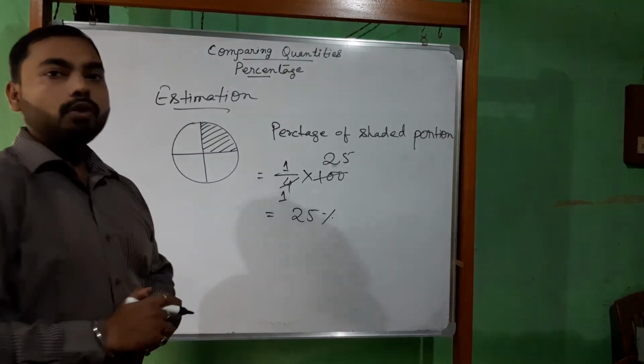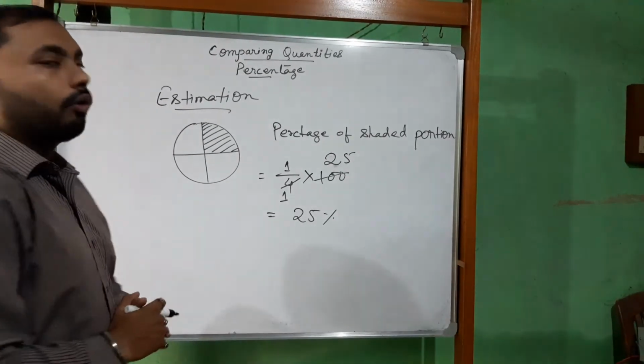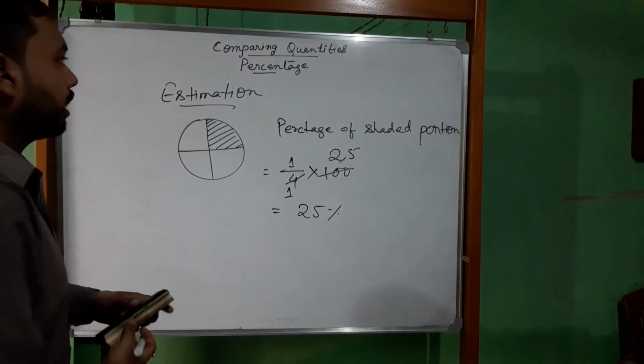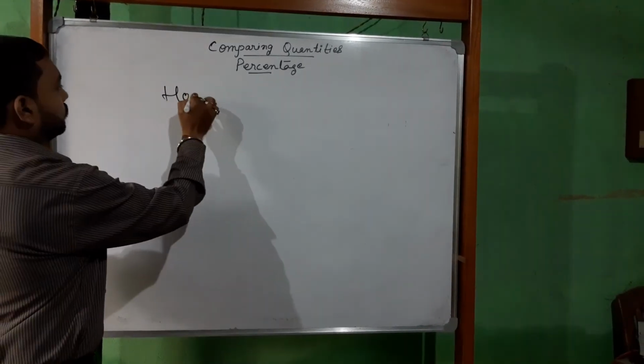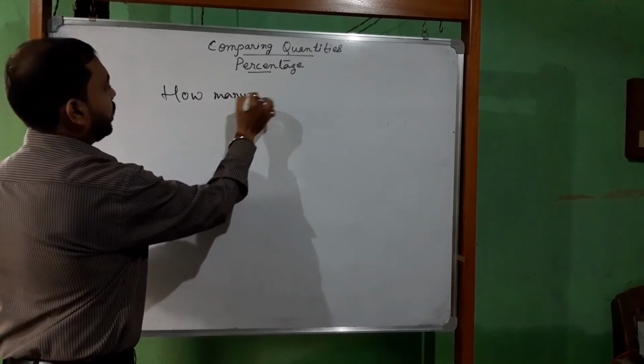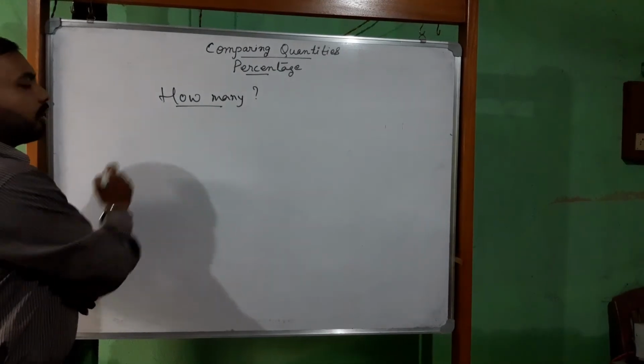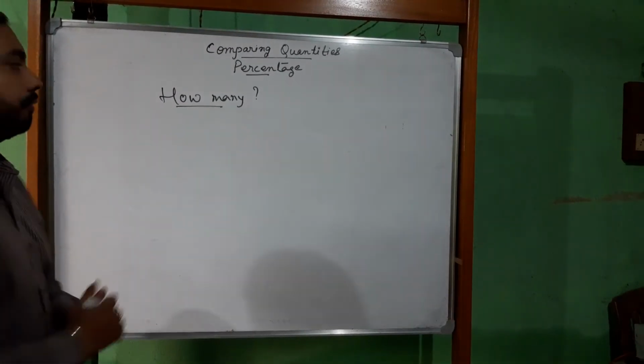There is one more thing left according to your syllabus regarding percentage, that is how many. If the question comes how many, suppose the total number of students in class 7 is 40.